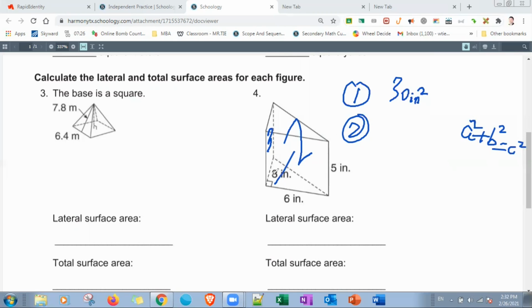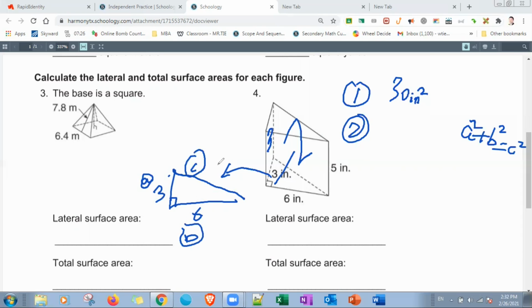For that triangle on the bottom, we have 3 and 6 as a right triangle. This is going to be my A, this is my B, and this is my C.